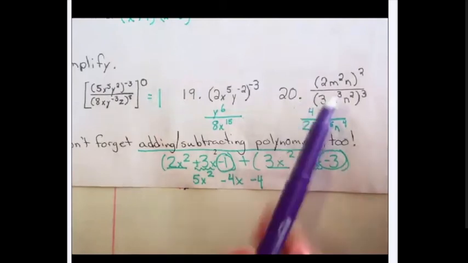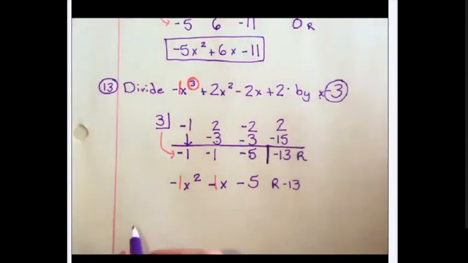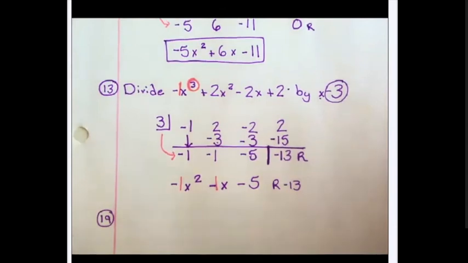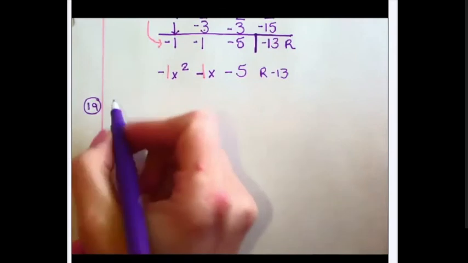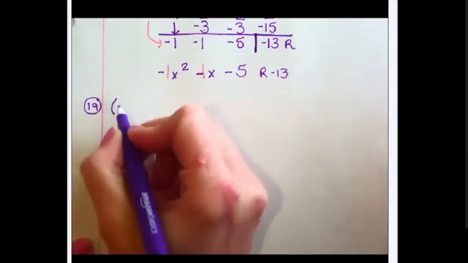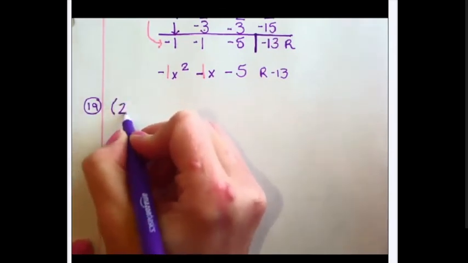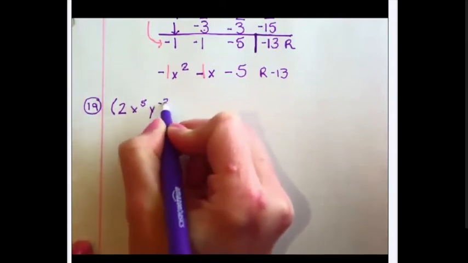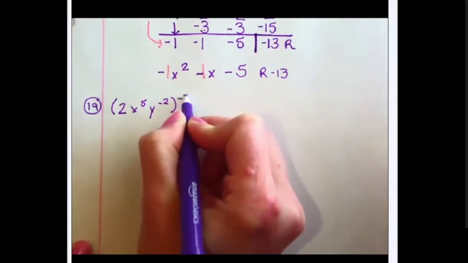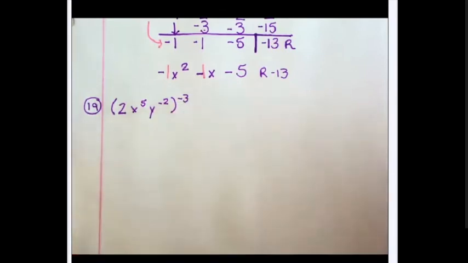If you decide you do, type it in the box. I'm going to work through 19. So on 19, that negative 3 on the outside kind of throws us off a little bit. Okay, so there are 2 different choices that we have on this one.